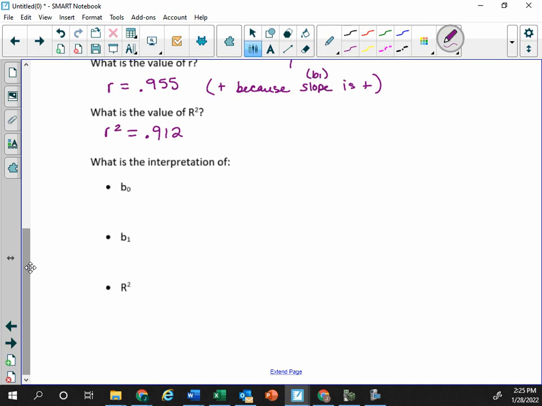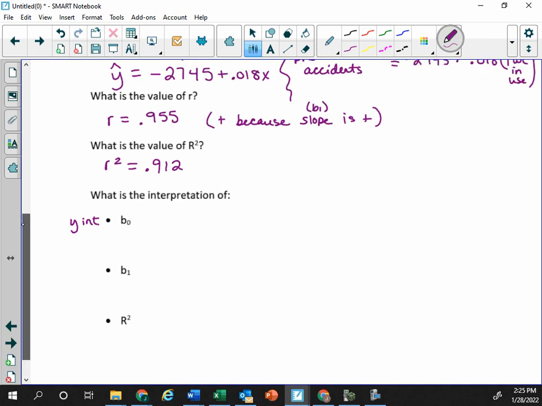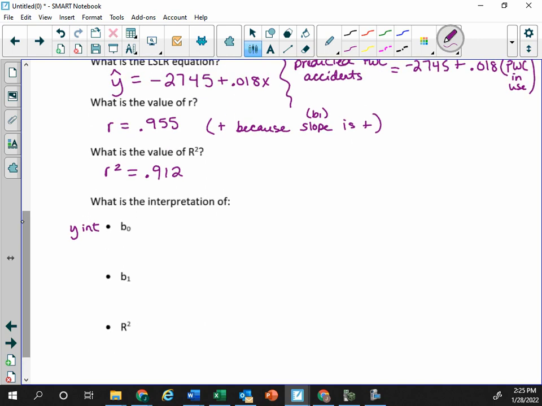Okay. Last three things here. We're going to interpret b sub 0, b sub 1, and the r squared. So first, b sub 0, remember that's the y-intercept. What was b sub 0 in my equation here? Negative 2,745. Okay, let me write the interpretation and then see if it makes sense to you.